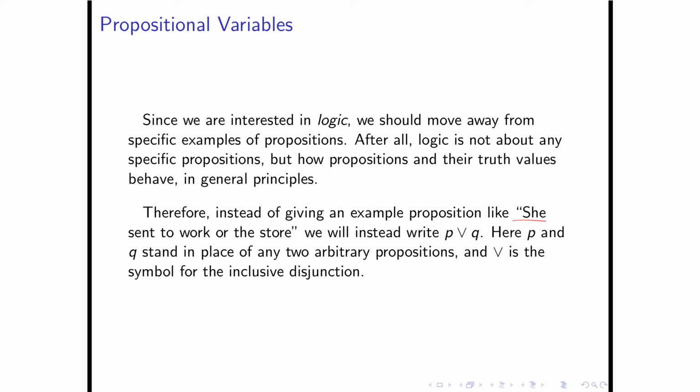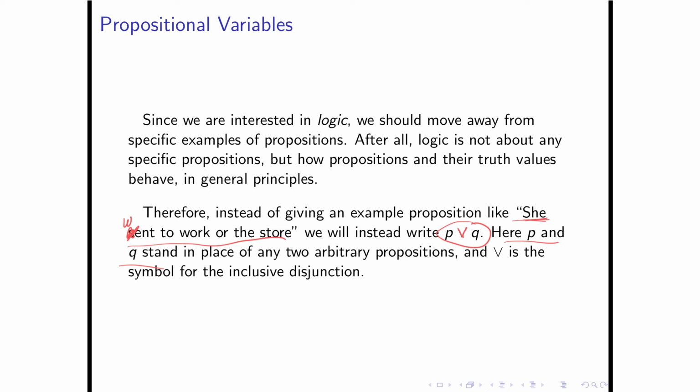So instead of giving an example like "she went to work or the store," we'll instead write P ∨ Q. So P and Q are propositional variables, and they will stand in place of arbitrary propositions.